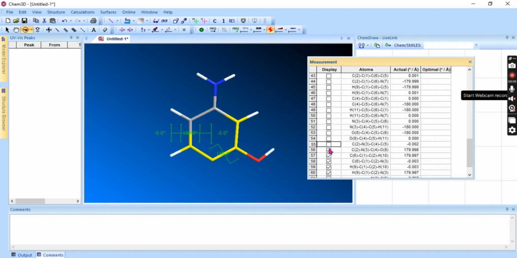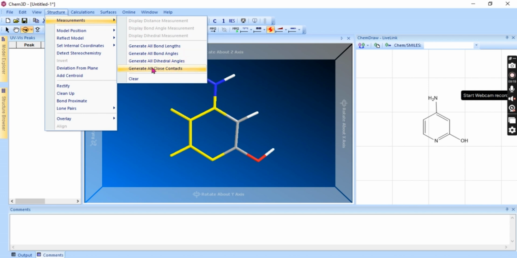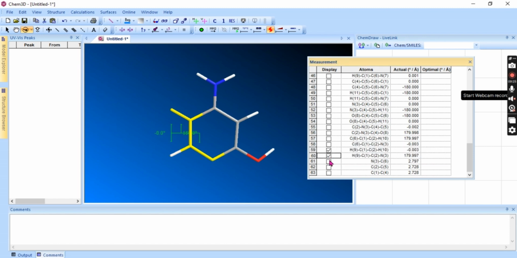How many atoms are there? This is 63 atoms. By clicking measurement, we generate all close contacts. So this is all close contacts. These are also close ones.